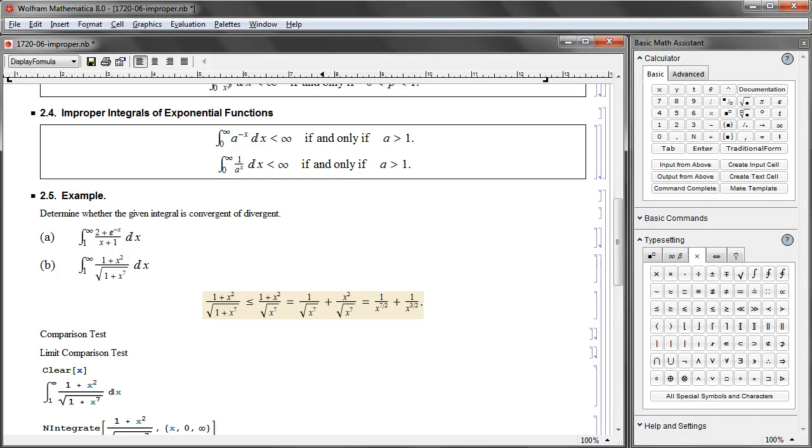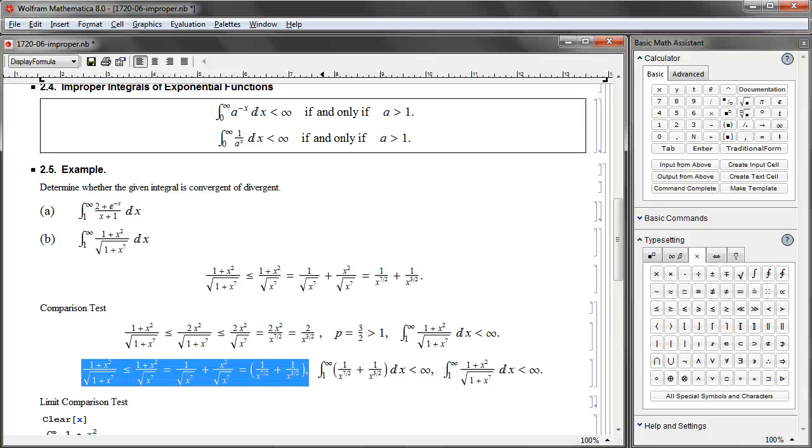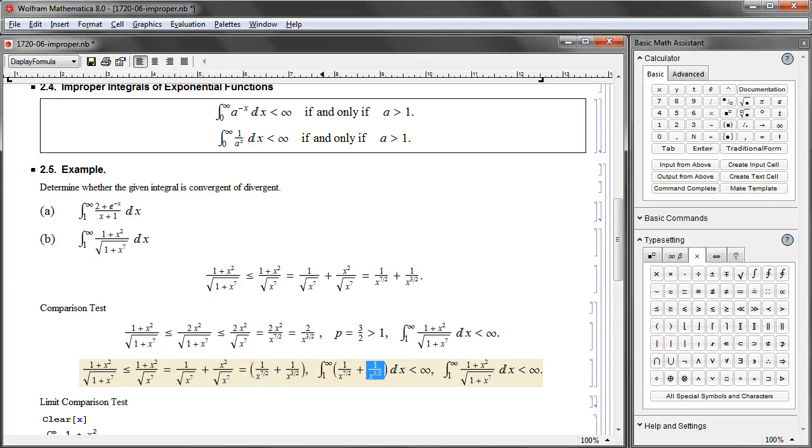And they both have p-value greater than 1, so they'll both generate a finite integral. Let me show you. After this computation, take the integral, then this function and that function will both generate a finite value. So we have a finite integral. Consequently, an even smaller function will generate a finite value as well. And that's how the comparison test works.